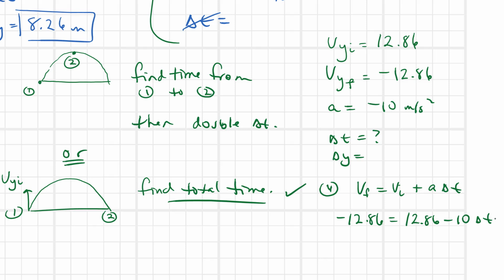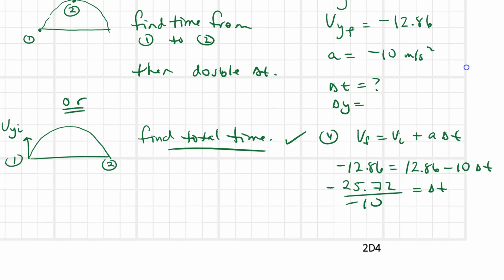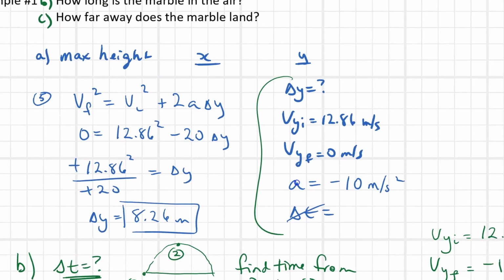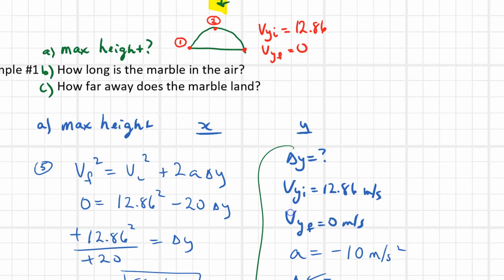Subtracting 12.86 from both sides, I get negative 25.72, and then divided by negative 10 equals delta t. So I get 2.572. And that would be my answer. Okay, so that would be this one over here, the answer to this question, how long?